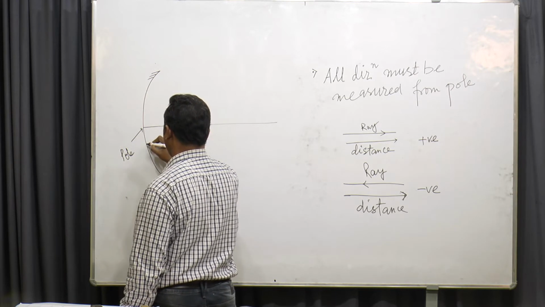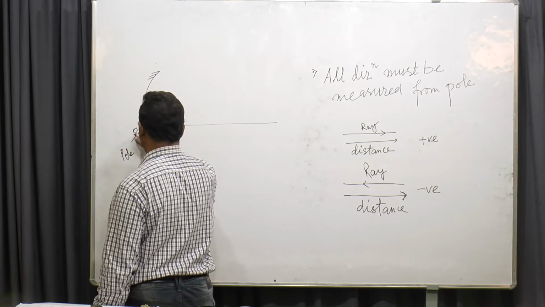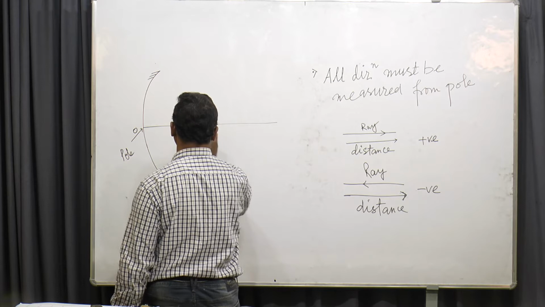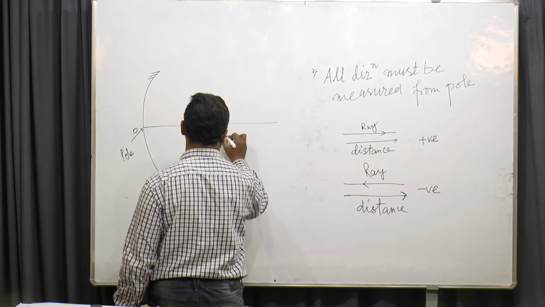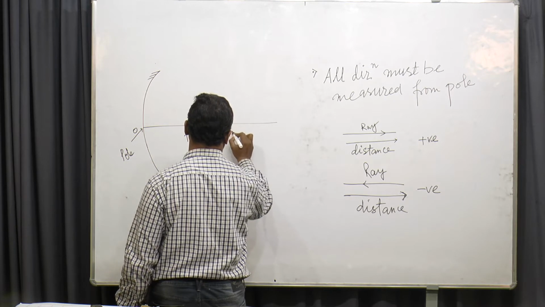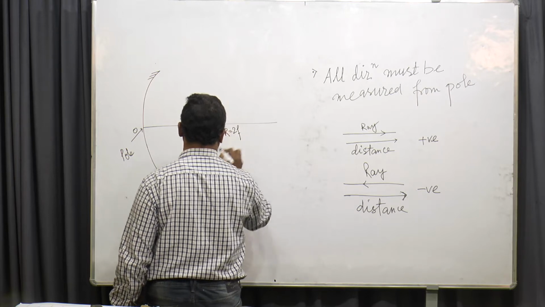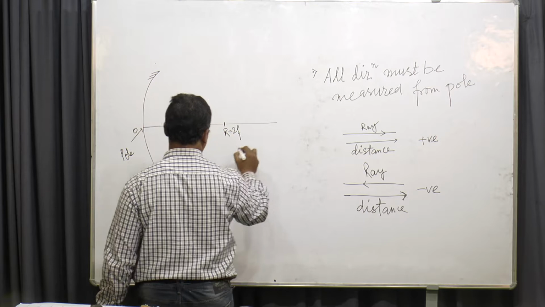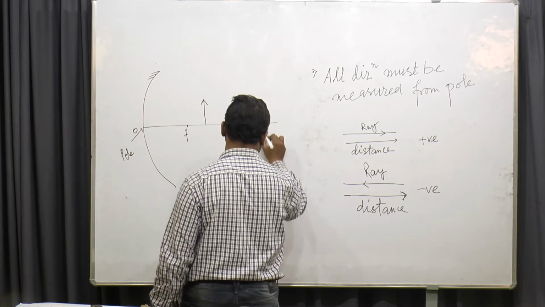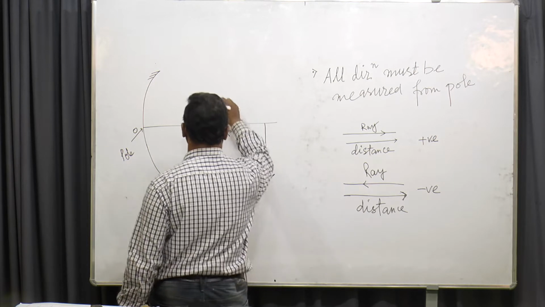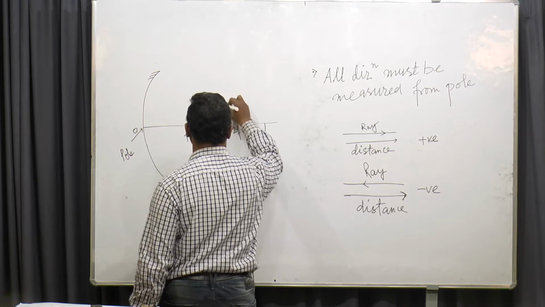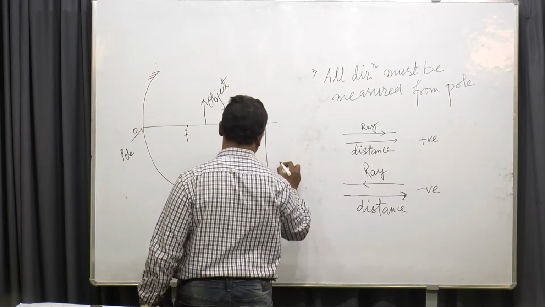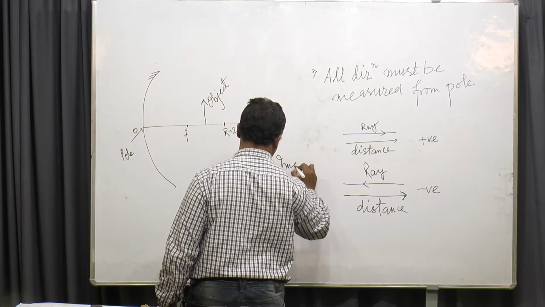I can denote it with an O. This is my F. Approximately I am drawing, this is my radius of curvature, which is equal to twice F. Now I have put an object here. Suppose the image is formed here. This is my object, this is my image.